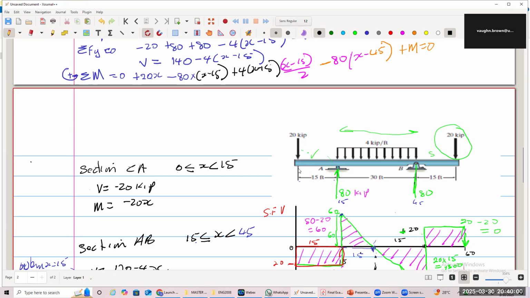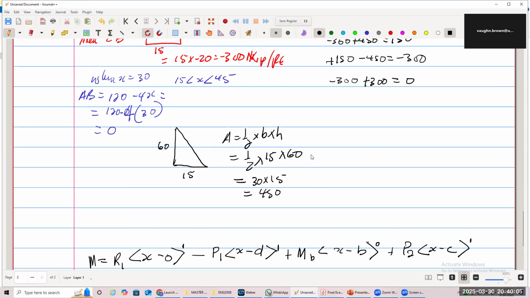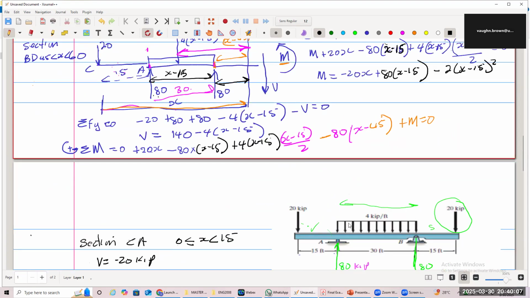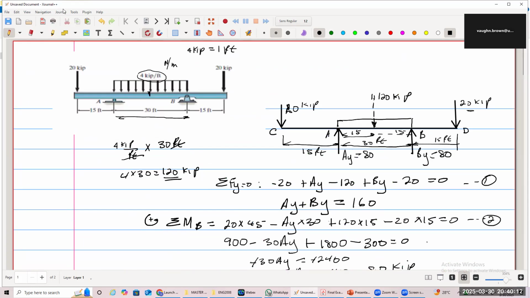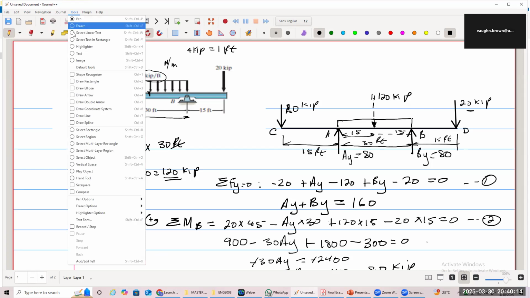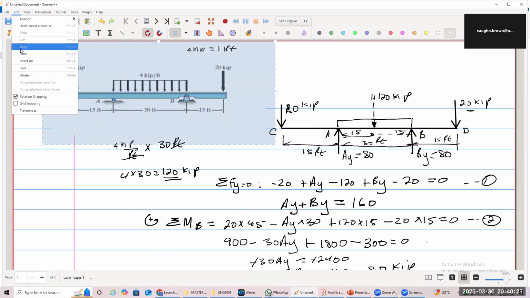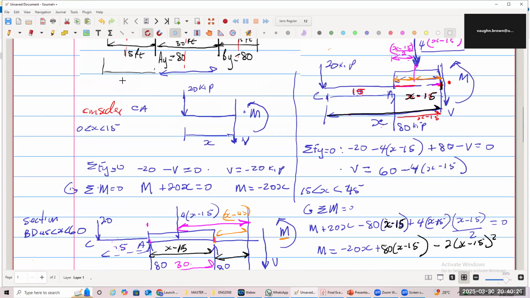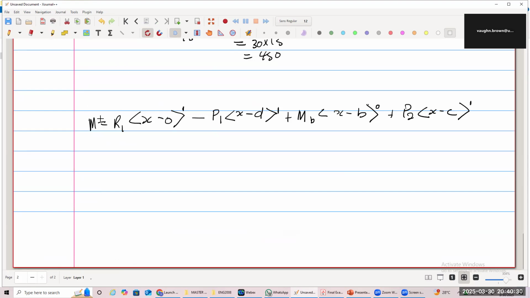Let me put back the diagram here. I want to select a region again. So I'm selecting this, copy it here. So that is for a single beam. So this is for a simple beam.